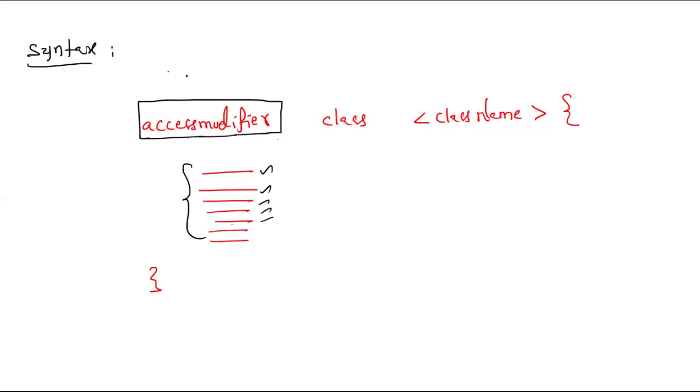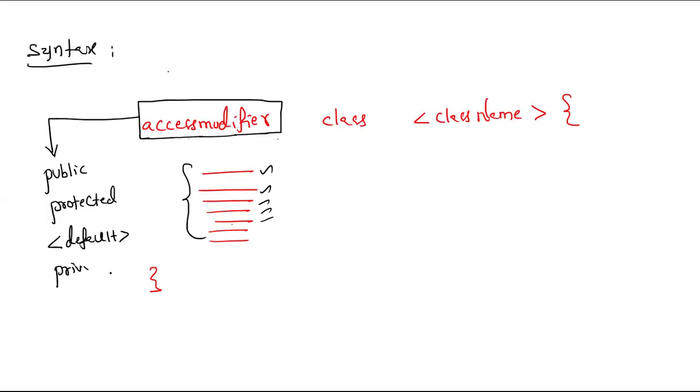Like that, in Java also there are 4 access modifiers which control the access. So in place of this access modifier, the allowed keywords are public, the next protected, the next default, the next private.